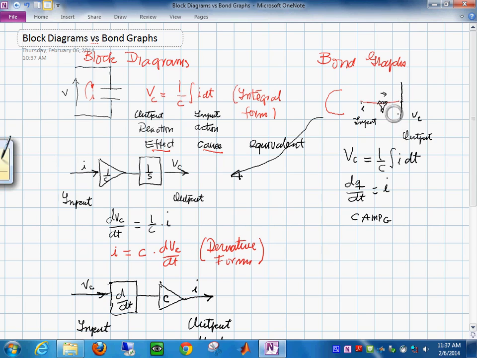It's like a little piston, and this is what you push it with. So this we call the output variable, or in this notation the effort variable, and this input is called the flow variable. It's just another way of representing the same thing.